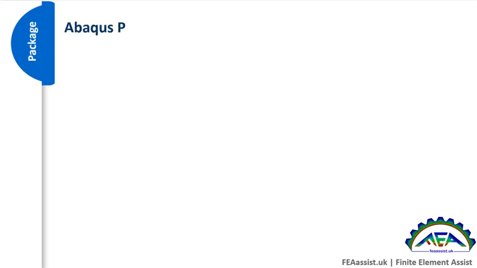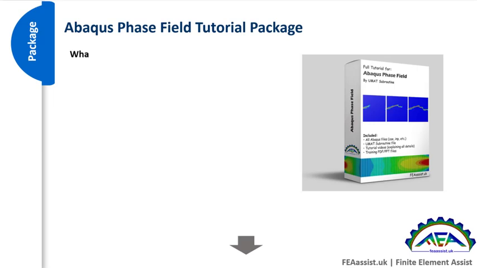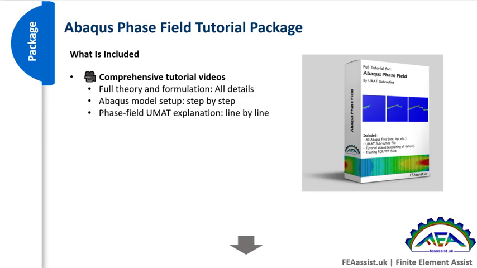Let's have a look at our Abaqus phase field tutorial package. We have prepared a package including comprehensive tutorial videos explaining full theory and formulation. We have explained Abaqus model setup step by step. We have explained the phase field UMAT line by line, and also you will have result extraction and interpretation videos.